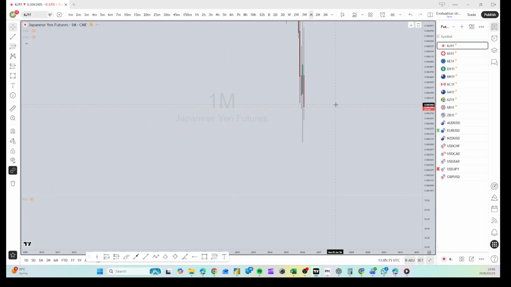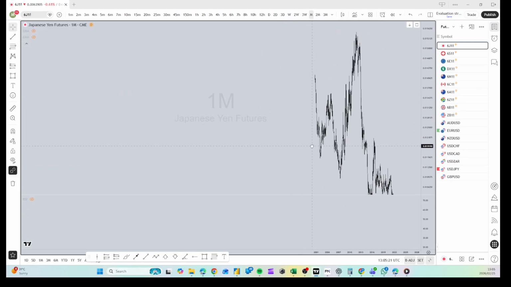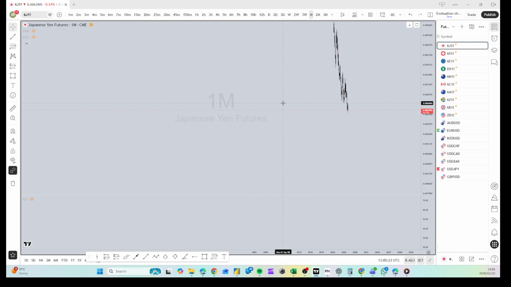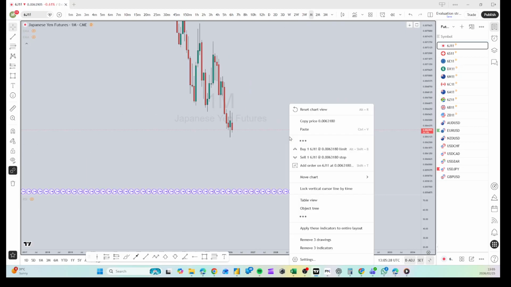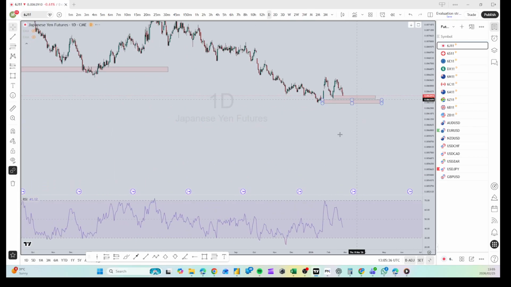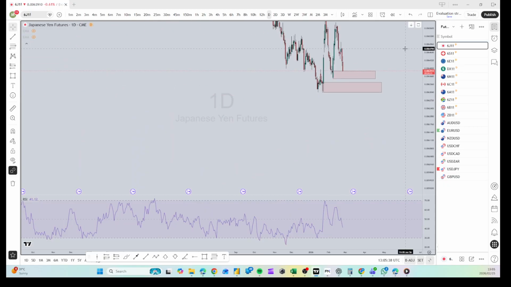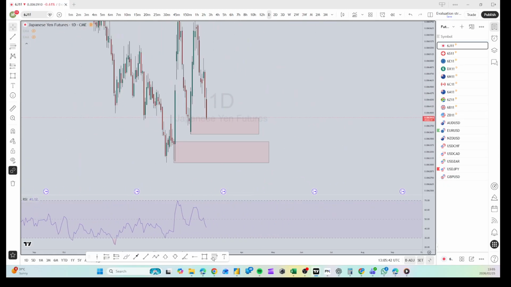And if we look at the monthly, we don't have enough data on TradingView on this currency. But looking at the CFDs and the cross pairs, you can see that there is actually a potential area of turning right here.